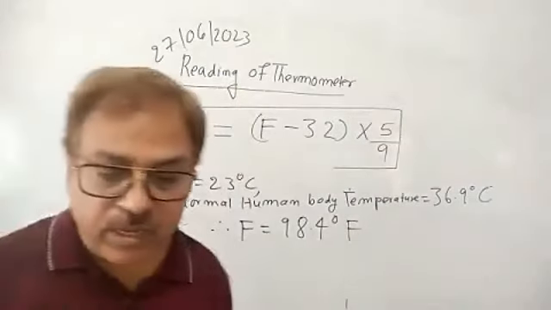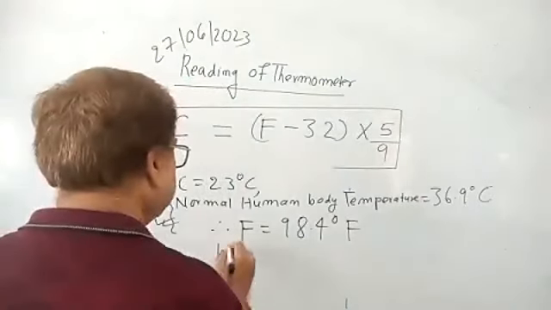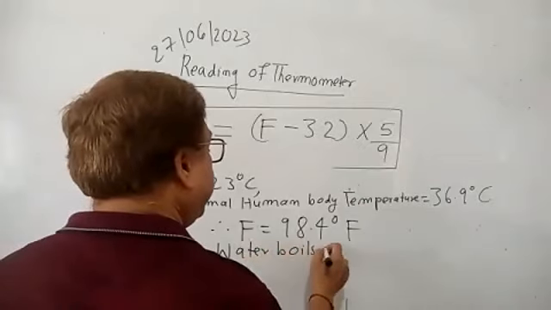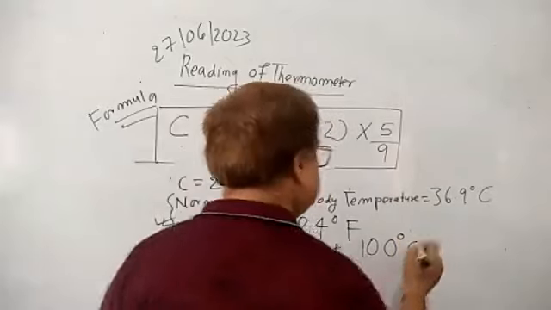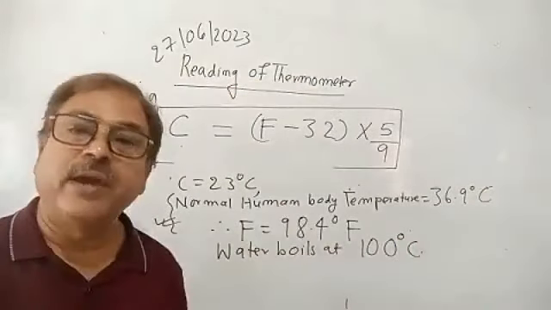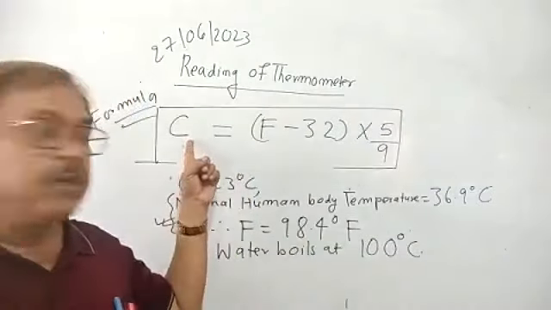We should be clear: water boils at 100 degrees Celsius. Suppose you have to write it in Fahrenheit, you will apply this formula by putting the value of 100 and find the value.